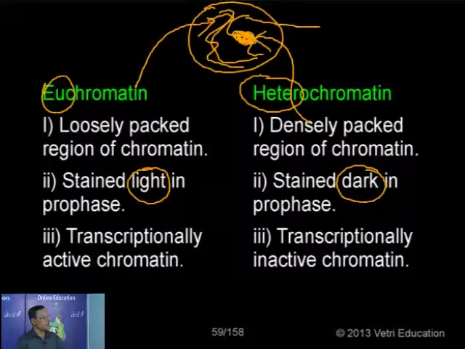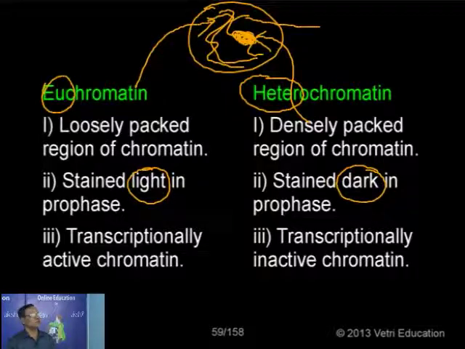Which of these two is genetically or transcriptionally active? The euchromatin is transcriptionally active, having the ability to transcribe the gene to form mRNA. So the message is transferred in order to be translated to form protein.